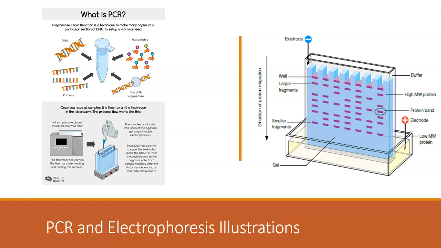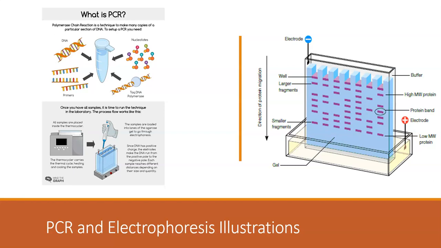Once the thermocycler has completed its job, then the sample is placed into agarose gel. And they will then migrate according to the size. As I said before, the large particles have a really hard time moving through the matrix of the agarose.